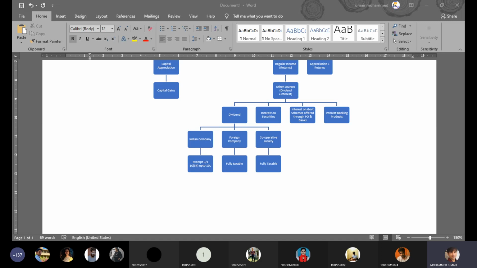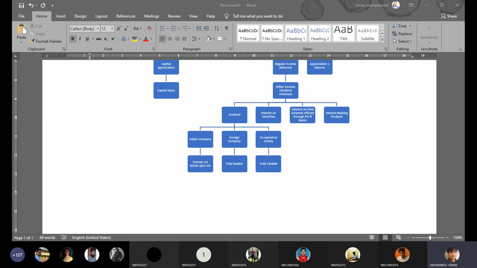So first of all, what do you mean by security? Security is a financial asset like share, debenture, bonds. But when we say interest on securities, we have to exclude share because on share you don't get interest.